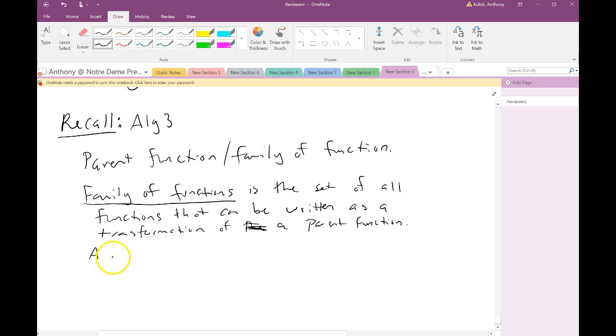And a parent function is, and I'm just going to try not to be so technical, the simplest form of a class of functions.